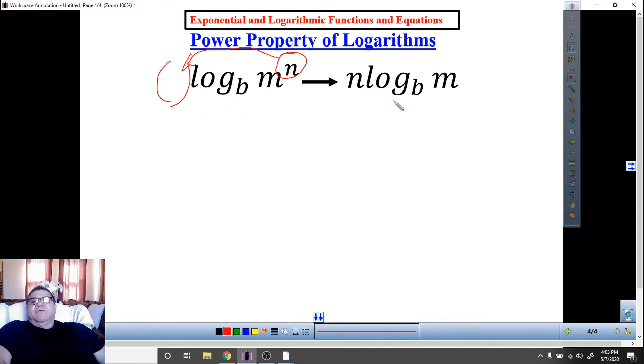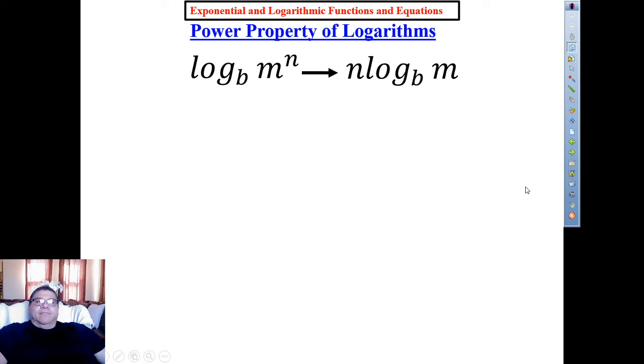And that's how we end up with this. You guys see it? Copy that. All right. Pause it if you need to, so you can finish taking notes, but let's move on.